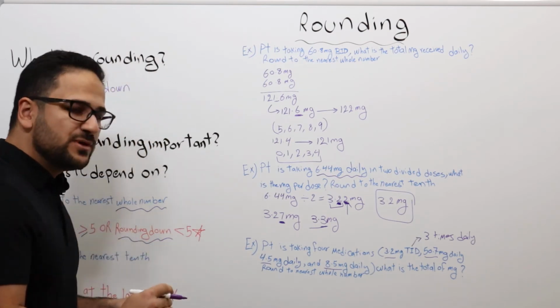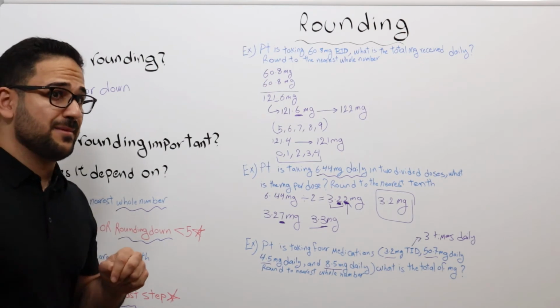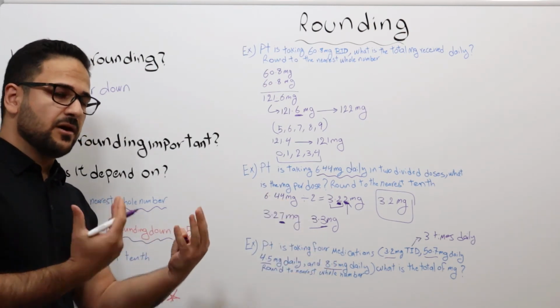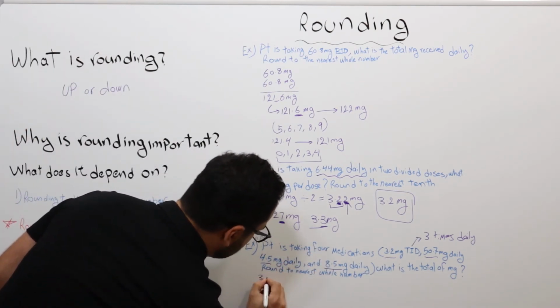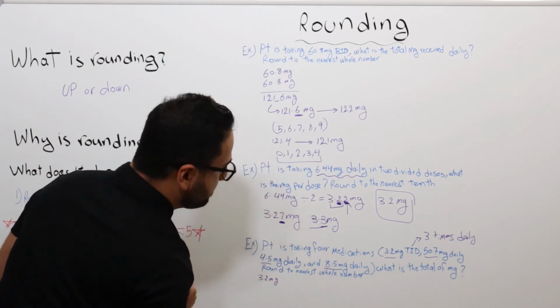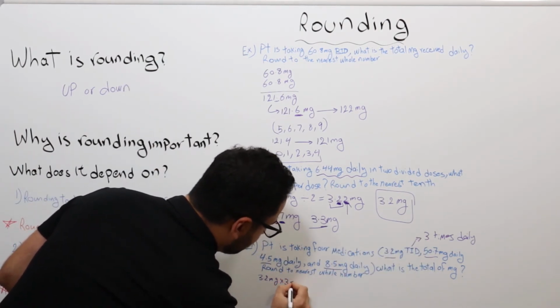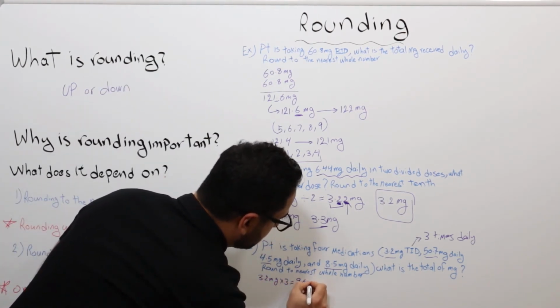Now, let me do it the wrong way first, which is rounding in every single step, and then we can do another one where we round only at the last step. So, 3.2 milligram, and this is 3 times a day, so multiply by 3. This equals 9.6 milligram.